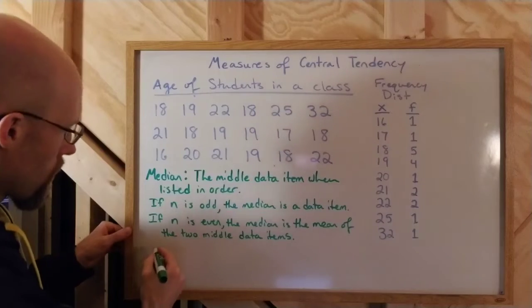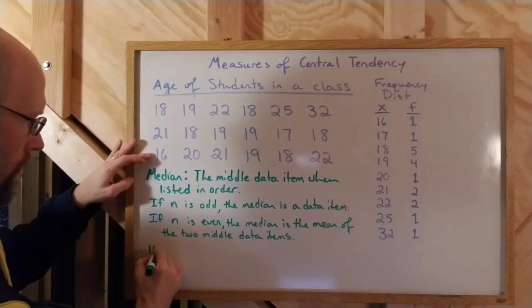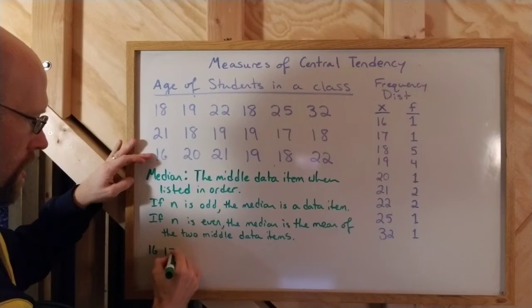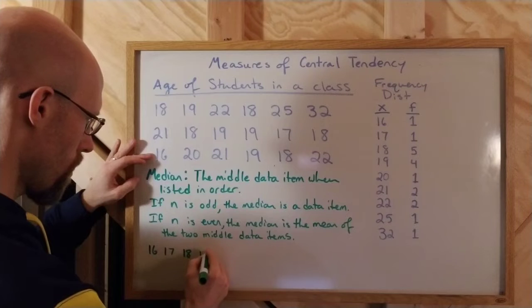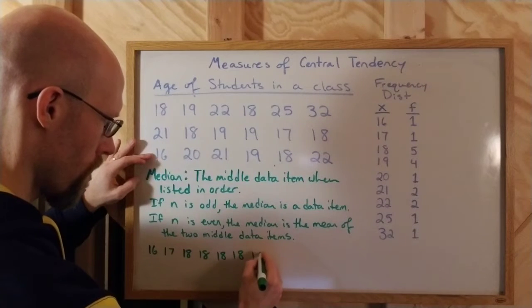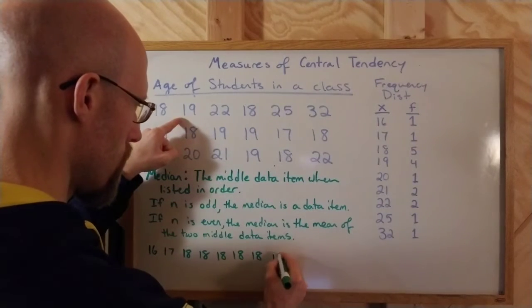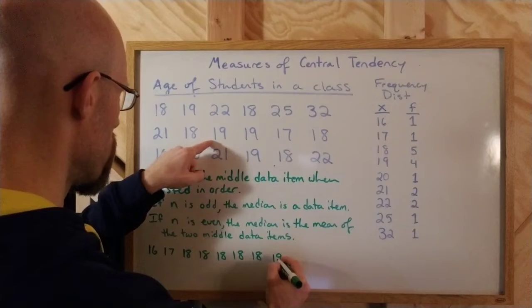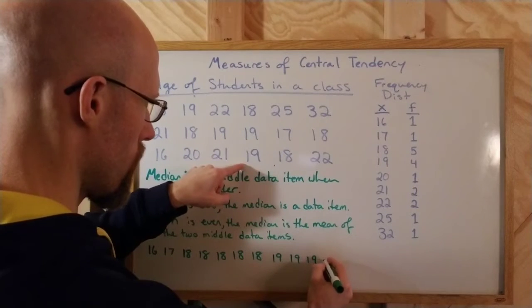But so the median, we're just going to list them out. I know the lowest one is 16, followed by a 17, followed by a bunch of 18s. 1, 2, 3, 4, 5 18s. There's a 19, 19, 19, and 19.